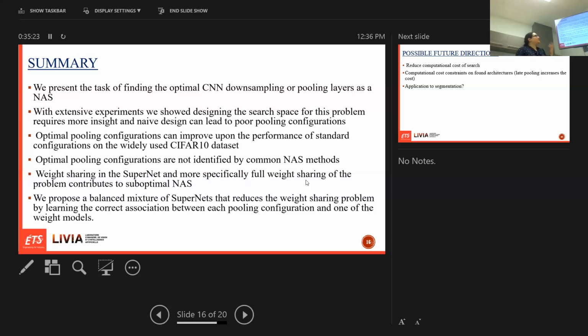We did extensive experiments to show that we have to design the search space more intelligently. So we cannot just naively apply the same search space design of the previous works. And we also showed that it's an important problem because optimal pooling configuration can really change the performance of the standard models.